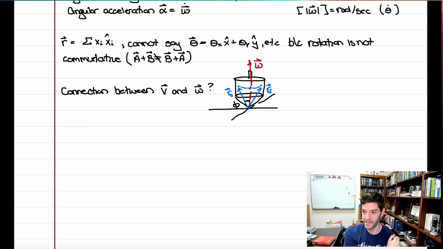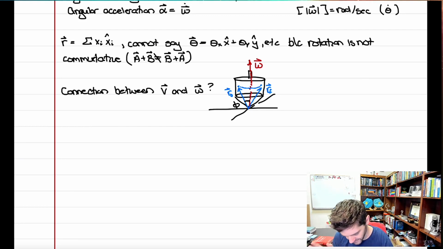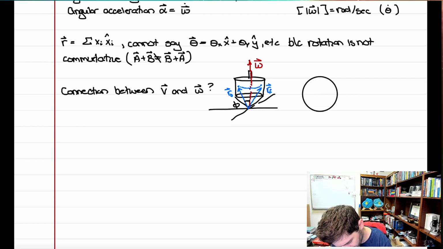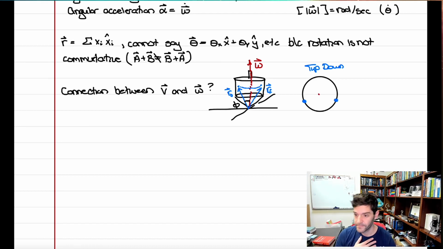The angle phi is the angle between the position vector and omega. If we look at this with a top-down view, the point might start here at the top, that might be our initial, and then it might end up here at our final. So this is top-down, where omega is pointing out of the page through the dead center.